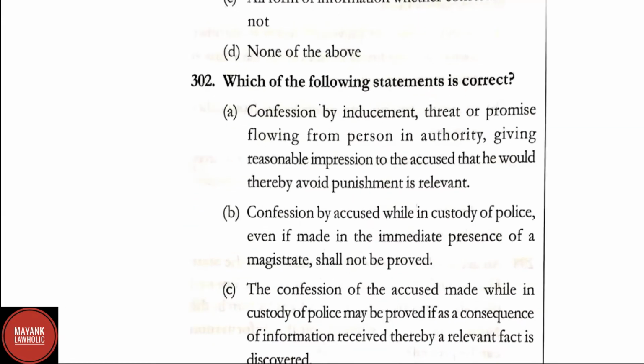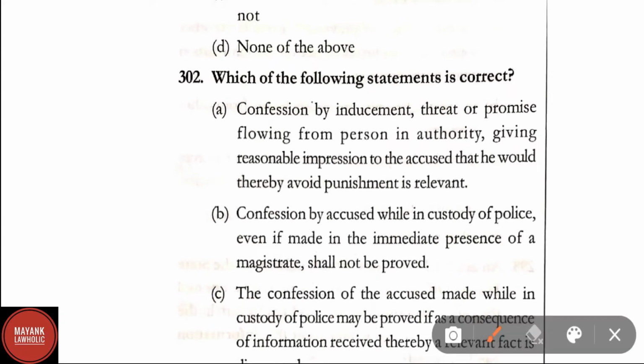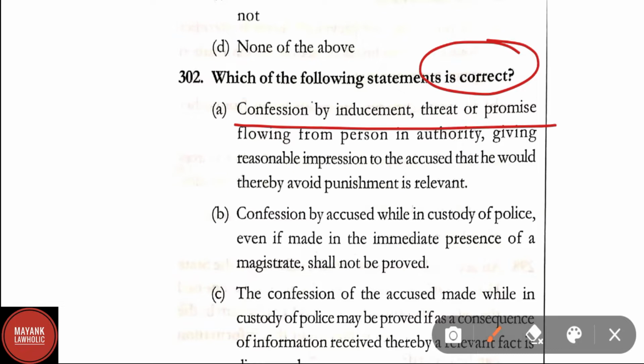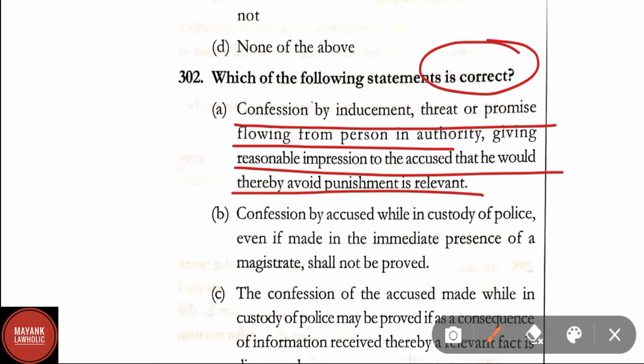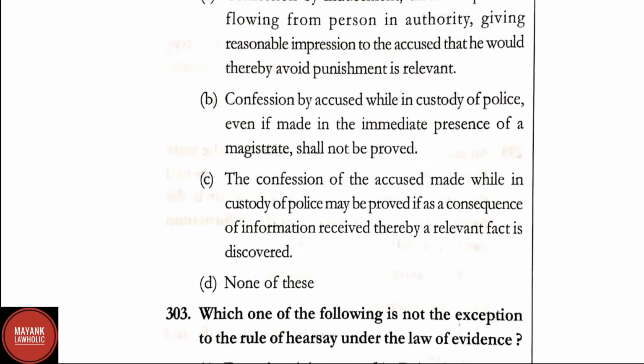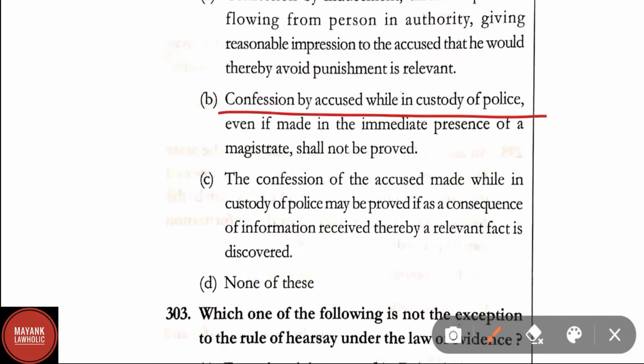Question number 302. Which of the following statements is correct? Option A, confession by inducement, threat or promise flowing from a person in authority giving reasonable impression to the accused that he would thereby avoid punishment is relevant. Option B, confession by accused while in custody of police, even if made in the immediate presence of a magistrate, shall not be proved.